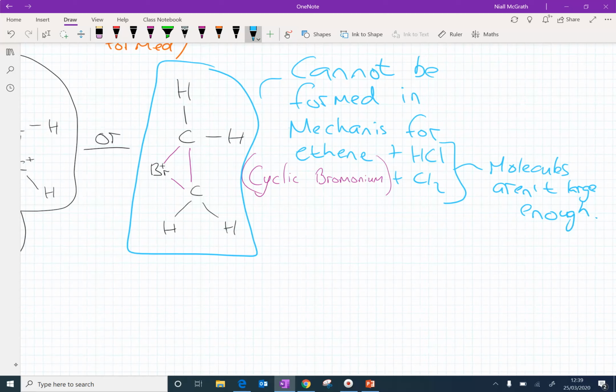So this cyclic structure only happens with the bromine, because this bromine is very large.